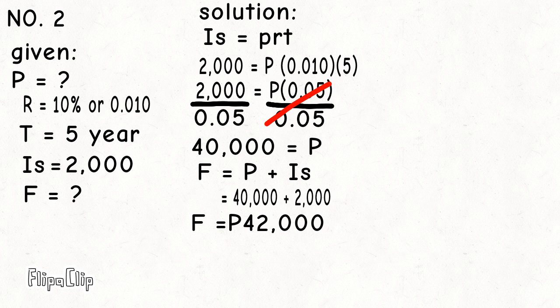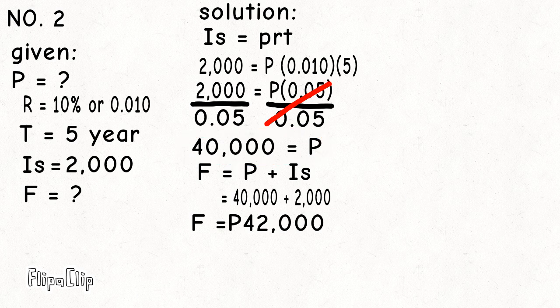Then put 2,000 as Is, P, then put 0.10 as the rate, and then put 5 as T. On the right side, all you have to do is multiply 0.10 by 5 and you'll get 0.5. Then divide both sides by 0.5 and cancel it on the right side, so 2,000 will be divided by 0.5. The answer is 40,000 pesos equals the principal.